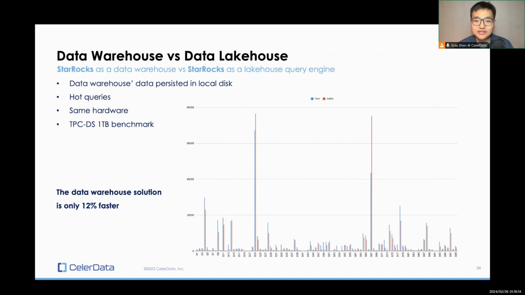One is ingested into StarRocks and one is querying open standardized storage, open data lakes, right? StarRocks data warehouse solution is only 12% faster than the lakehouse query engine, right? So think about it here. We're only giving up 12% of the performance. For what? For unifying all the workloads on one piece of data. And that's a massive amount of gain, right?